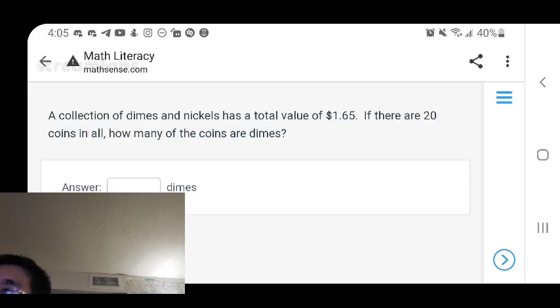You can do that, or X and Y, but I'm just going to do D and N here. How many of the coins are dimes? So you know that a dime is 10 cents, a nickel is 5 cents, and that equals $1.65.